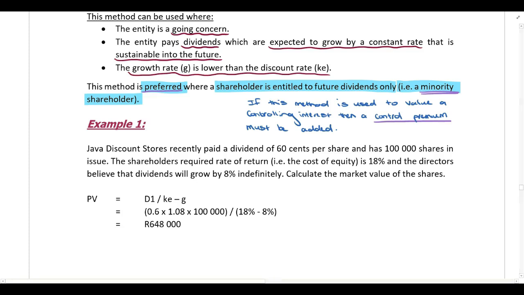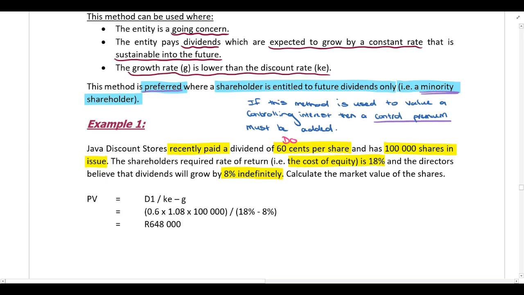Let's look at example 1. Java discount stores recently paid a dividend of 60 cents per share. So if they recently paid a dividend of 60 cents per share, that is D0, or the dividend now, and they have 100,000 shares in issue. The shareholders' required rate of return, or in other words, the cost of equity, is 18%, and the directors believe that dividends will grow by 8% indefinitely.